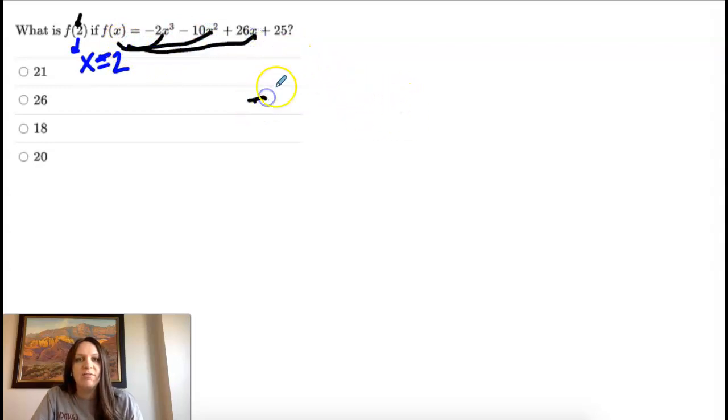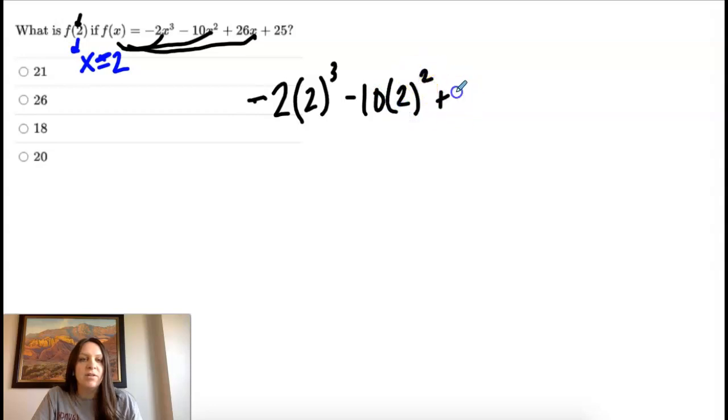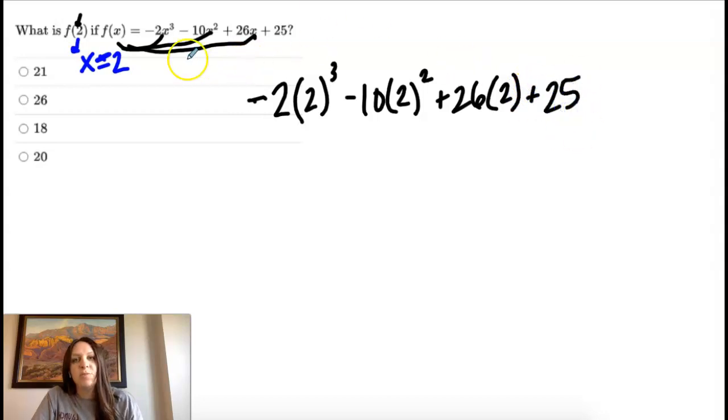So I have negative 2 to the third, minus 10, 2 squared, plus 26 times 2, plus 25. So basically everywhere there was an x, I put a 2. And now we're going to just simplify this.